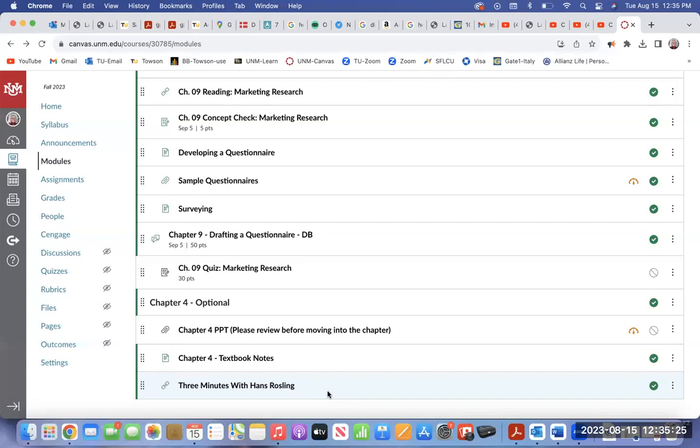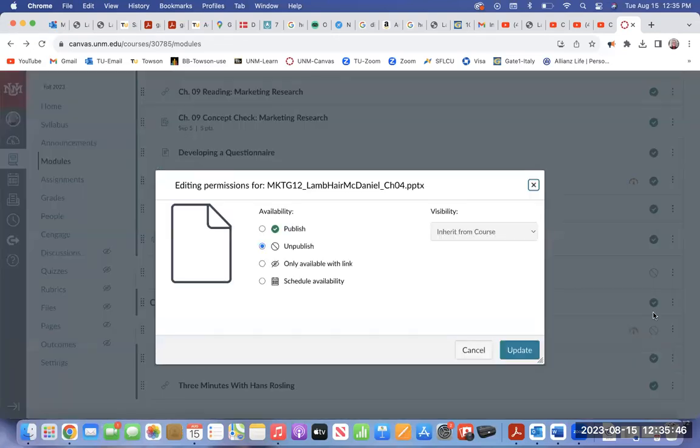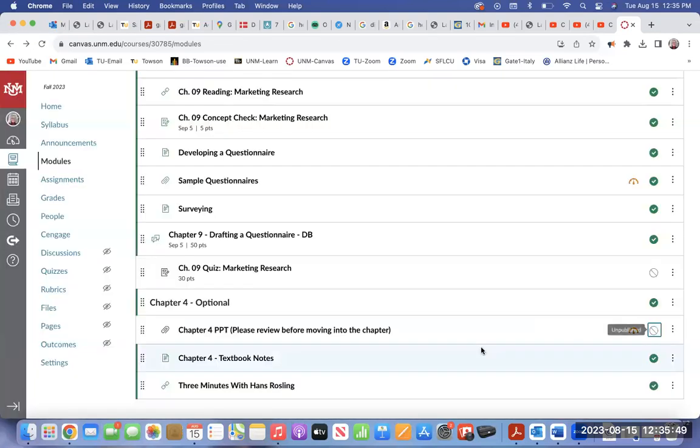Is the presidential election going to affect my marketing, my business? Is it going to affect the stock market? Is the stock market going to affect my marketing, my business? Yes, yes, yes. So we really need to understand the external environments, and that's what chapter 4 is all about. And I really like that chapter, so it's worth looking into.